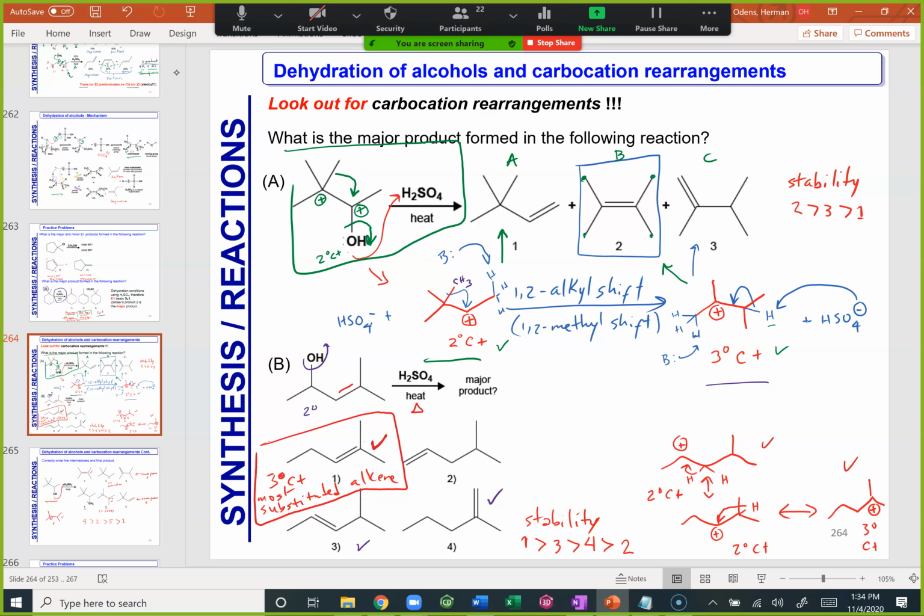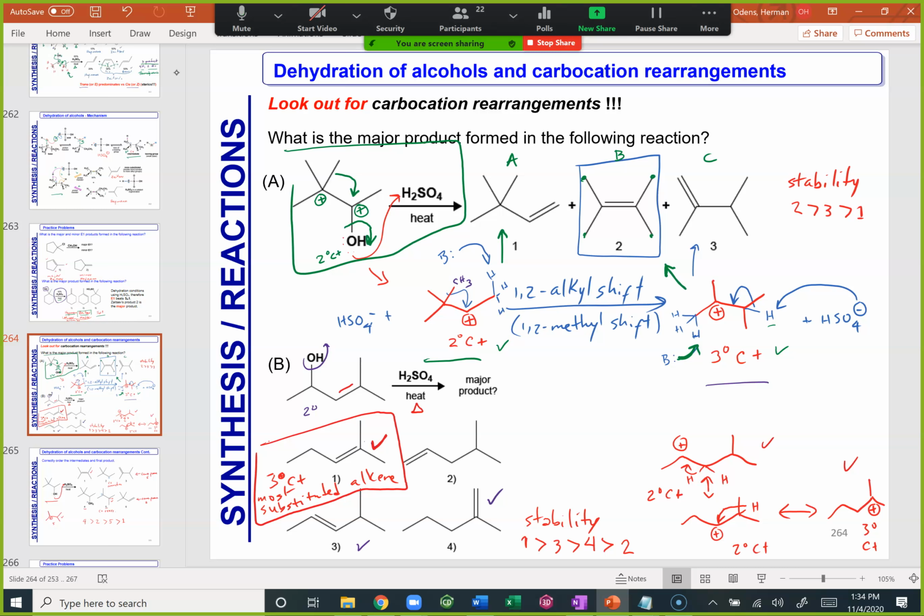Now, 2 comes from the final product and the most preferred elimination product. And 3 also comes from the tertiary carbocation. You see that? It's deprotonating one of these. If you deprotonate one of those hydrogens, that makes C.